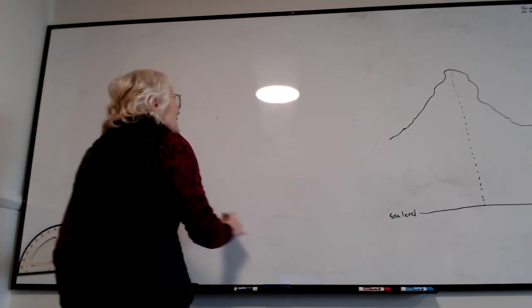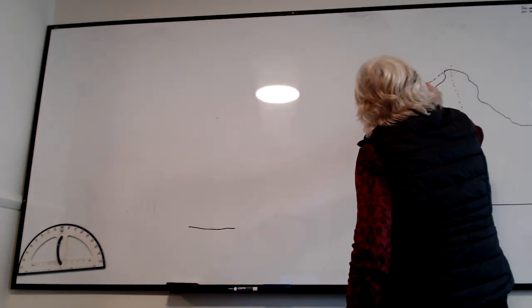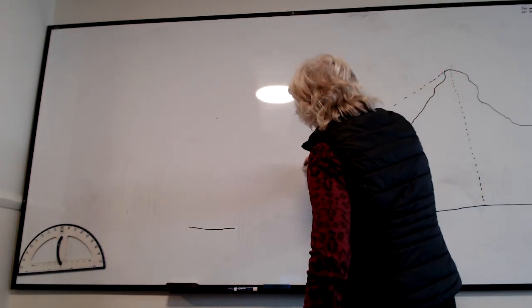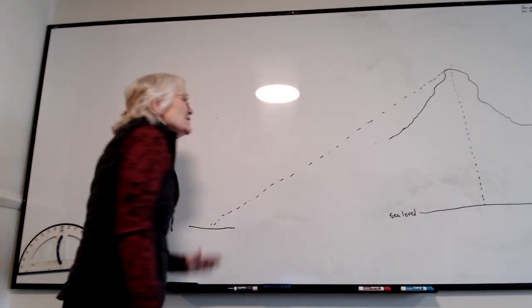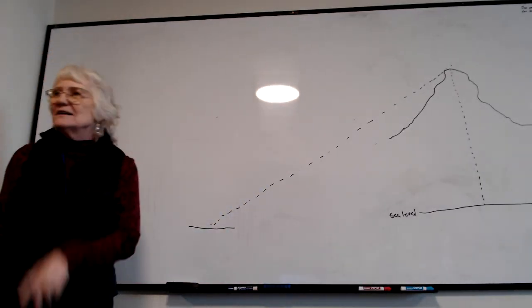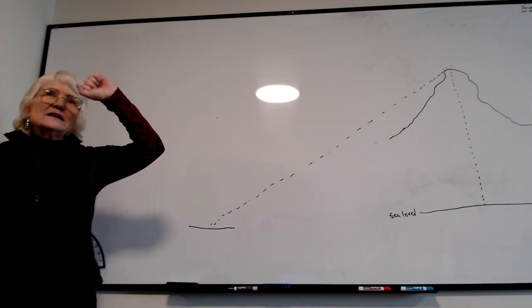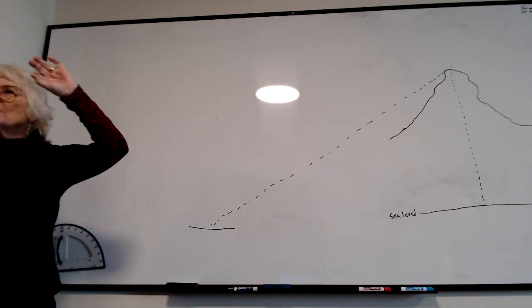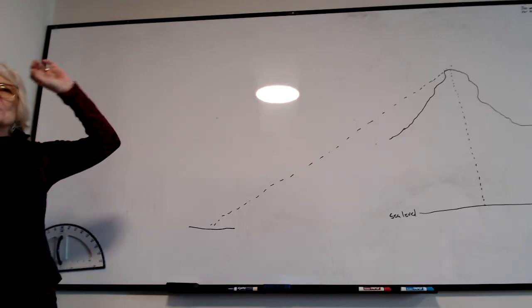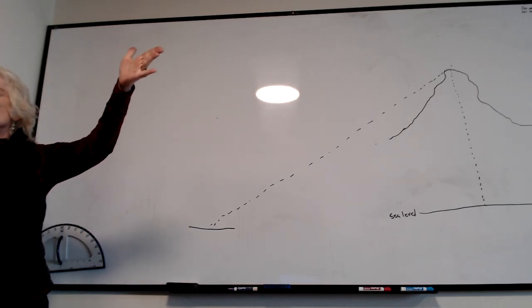So if they're out here, what they do is they shoot a line up. Like a laser? Well, no, it wasn't a laser, but you're basically looking out your periscope or your telescope or whatever, and you can shoot a pretty straight line.